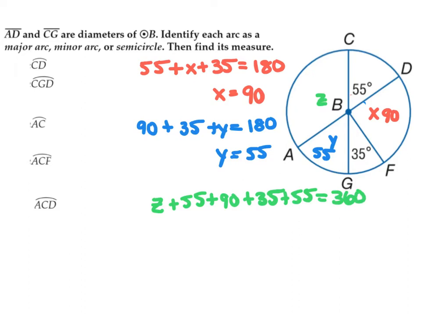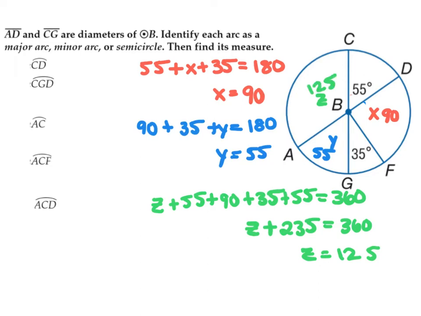And if I combine my terms, I get that z plus 235 equals 360. And then if I subtract, 360 minus 235 gives you that z equals 125. So I have that this arc is 125.